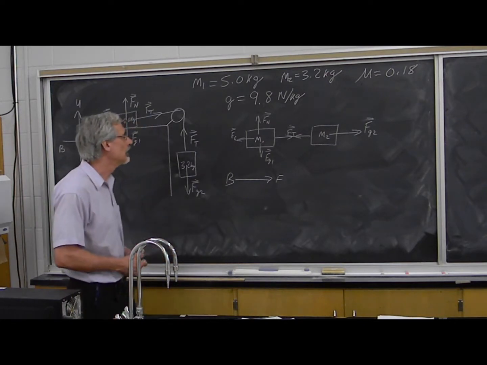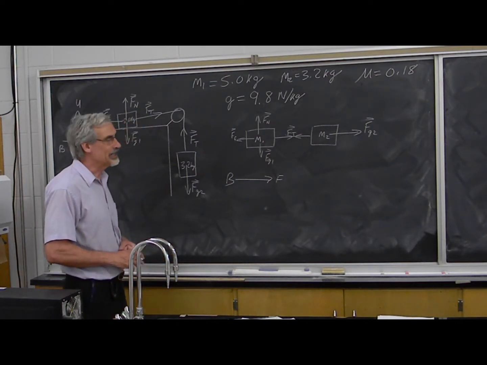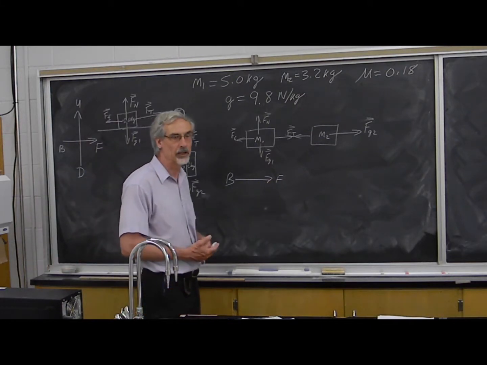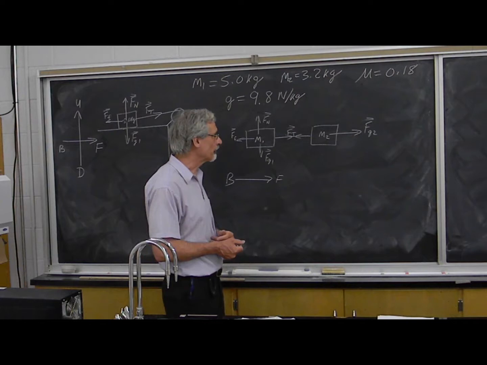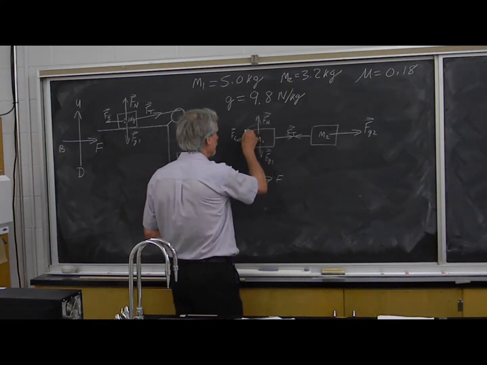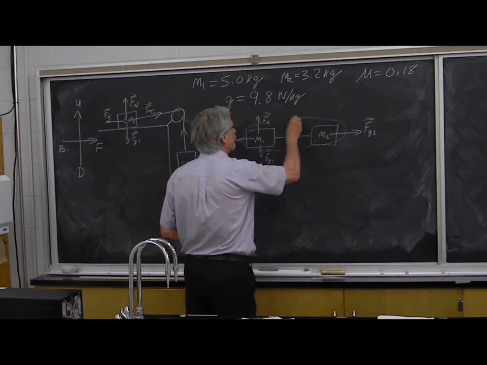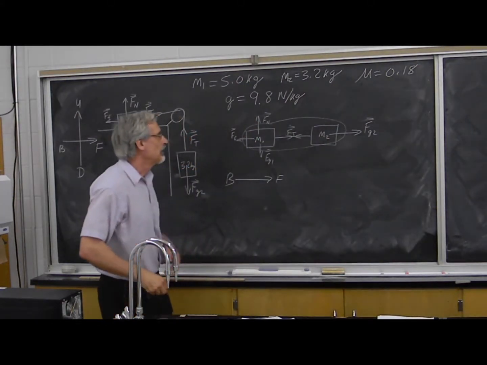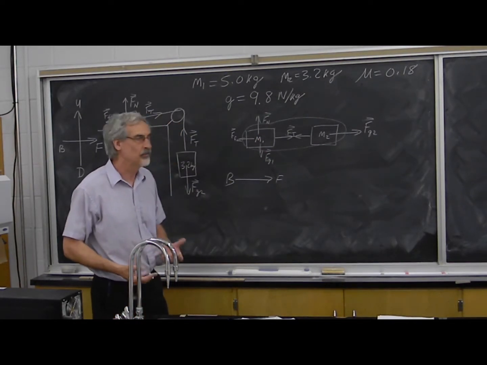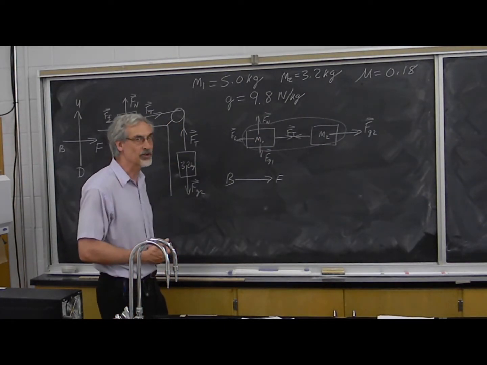So how do we deal with this now? We want to find the net force on the system, and then we'll have to find the situation on one of the masses individually. So let's consider this system here. The tension force is internal, so it will not make any effect on the system itself.